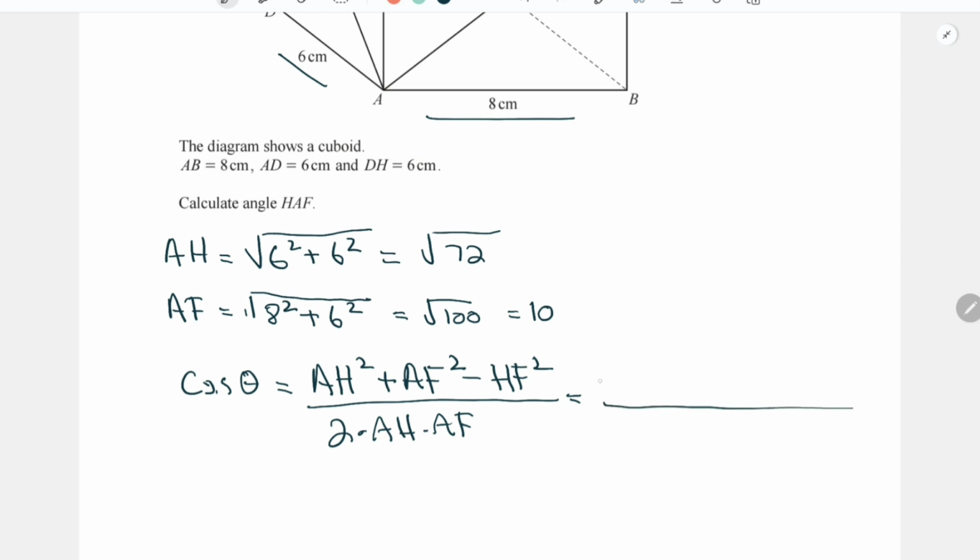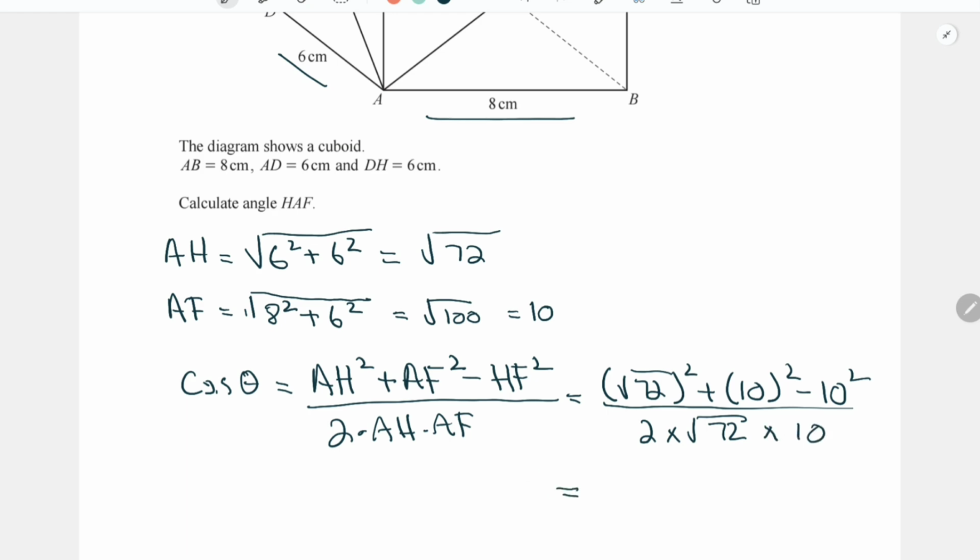AH is root 72 square, plus AF, that is 10 square, minus HF, that is 10 square, over 2 times AH, that means 2 times root 72, I just write the multiplication sign as well, and AF, that is 10, right?